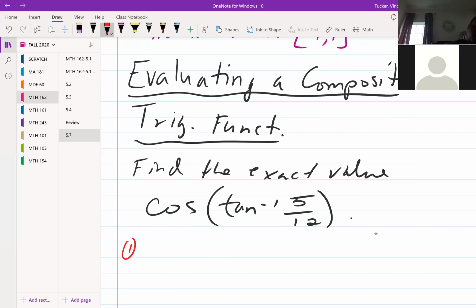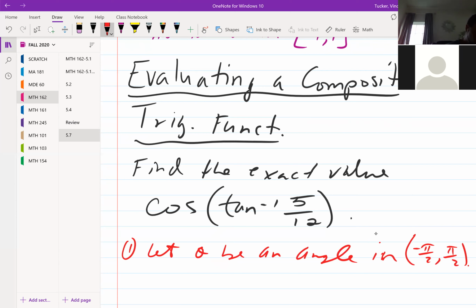So we start off, all right, so first we're going to start off by letting theta be equal to an angle in the interval of negative pi over 2 to pi over 2, whose tangent is 5 over 12.